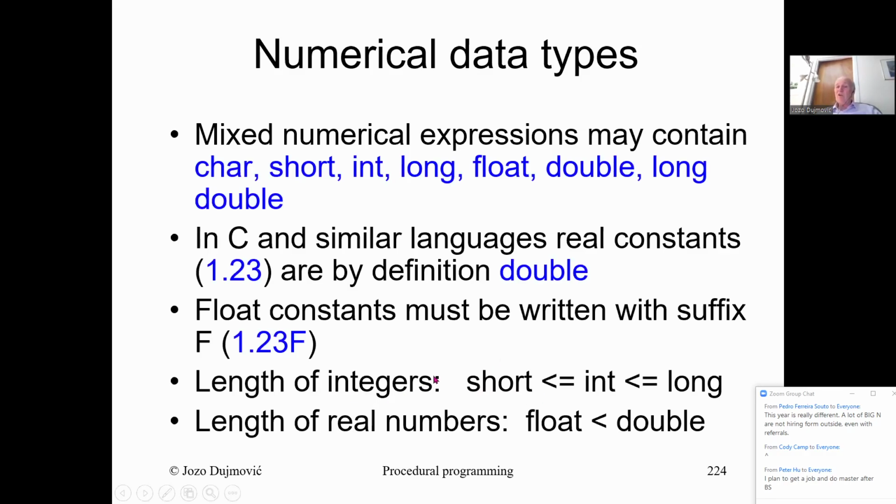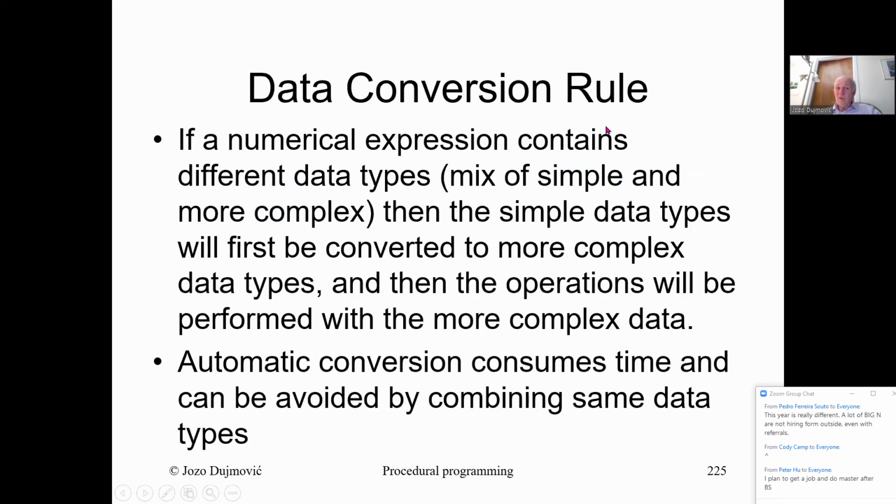So, length of integer: short, which is 16 bits, is less than integer, which is 32 bits, and float is less than double, 32 versus 64. Now, the data conversion rule is automatic conversion of a simple data type to a more complex data type.